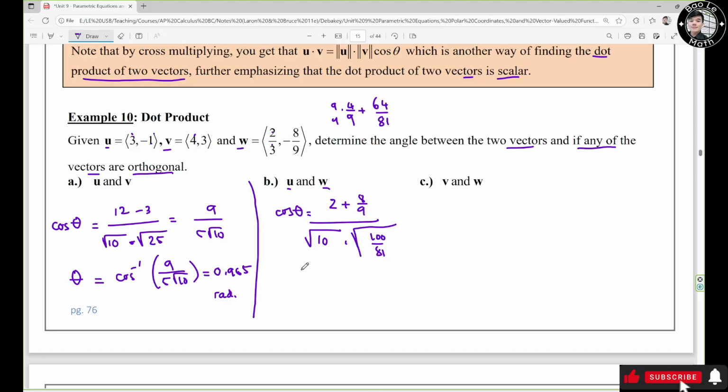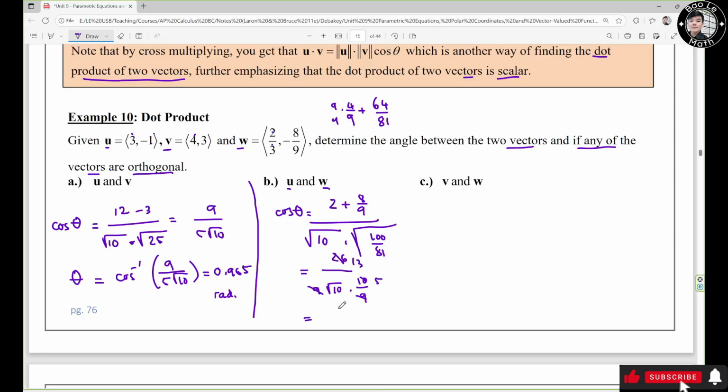Now, if I simplify this one, it turns out to be 26 over 9 root 10 times the square root of this one, which is 10 over 9, right? The number 9 right here I can bring to the bottom, so that's why I get this one. Now 9 and 9 cancel out right here, right? And 26 divided by 2 equals 13, 10 divided by 2 equals 5, right?